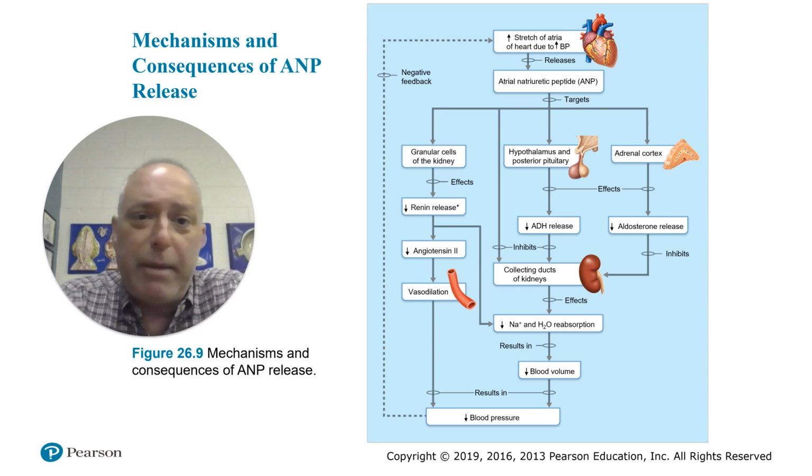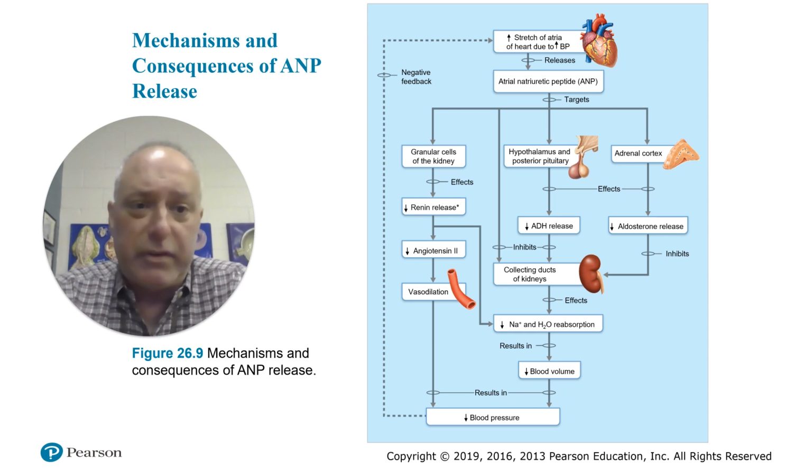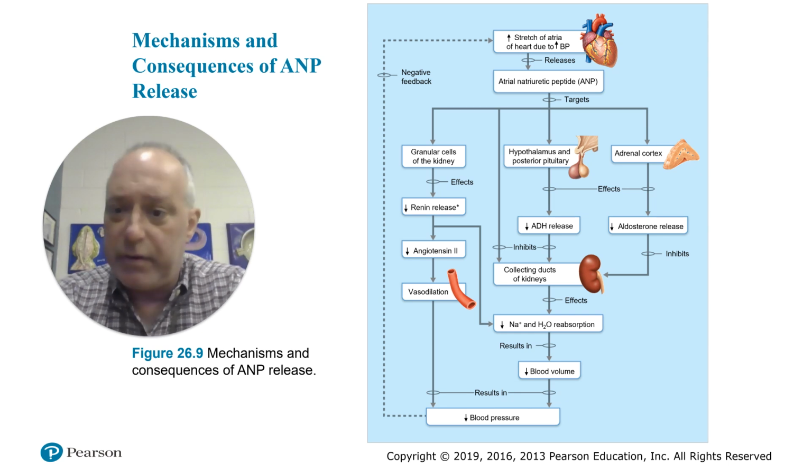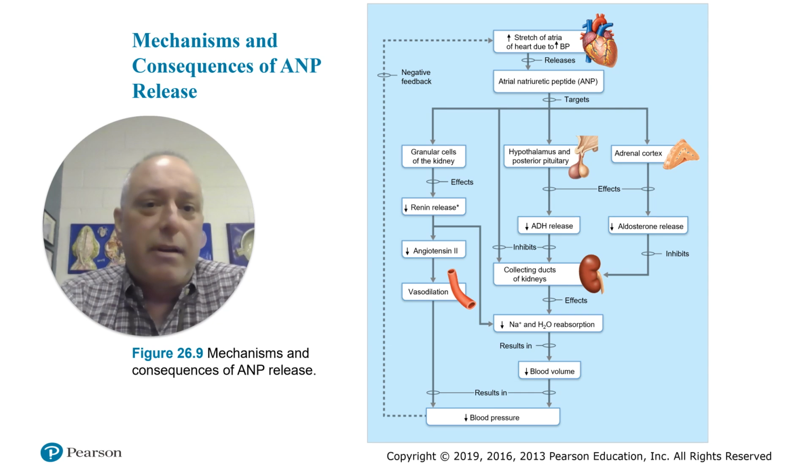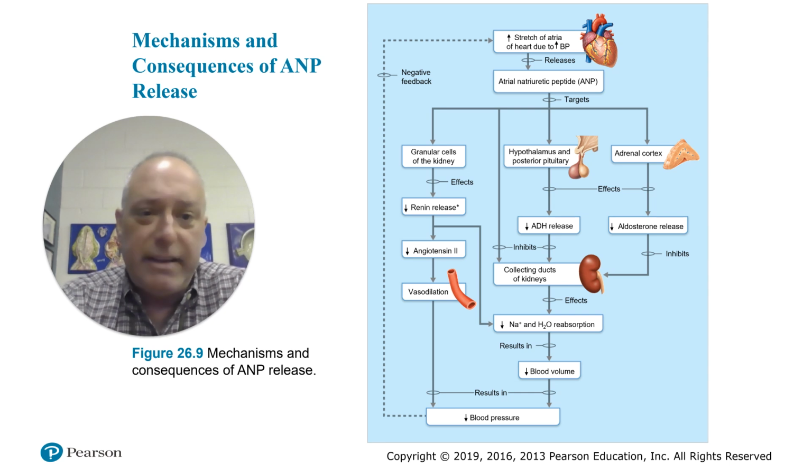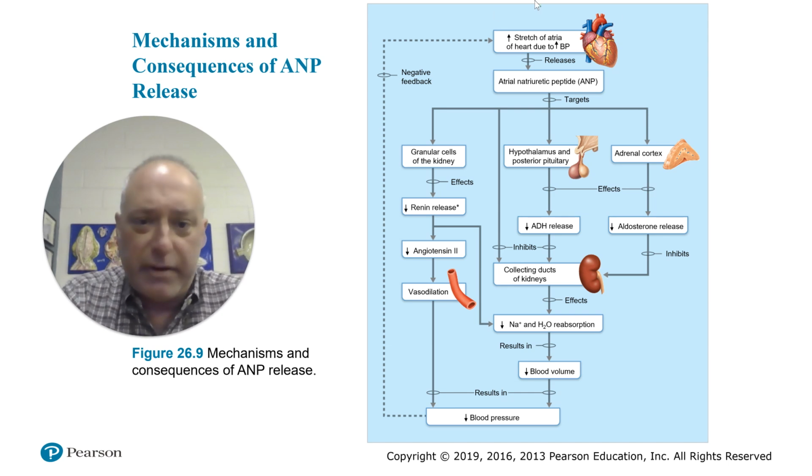Atrial natriuretic peptide or atrial natriuretic factor is a very important hormone released from the atria upon stretch. So that's increased blood pressure that the atria detects. ANP is released. It then acts on one of three places. The first would be the kidney granular cells.